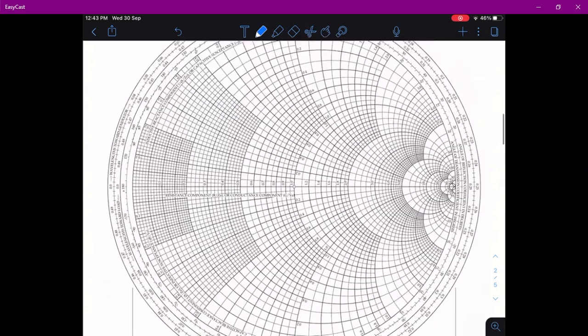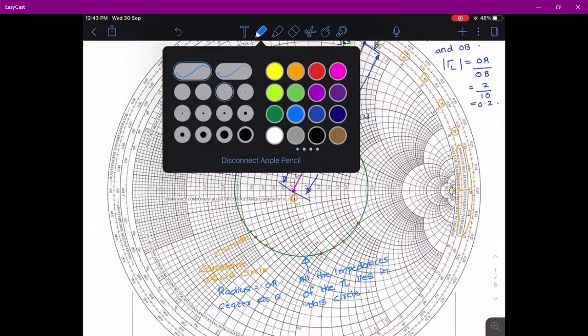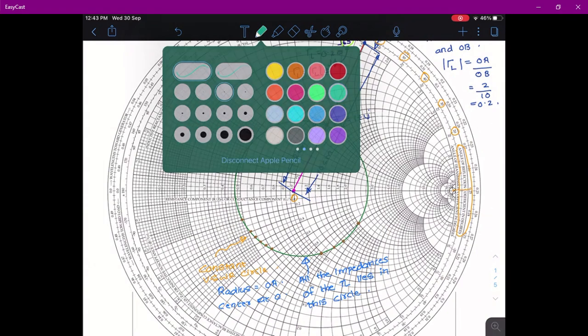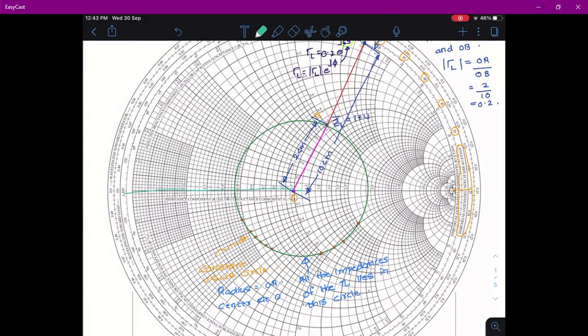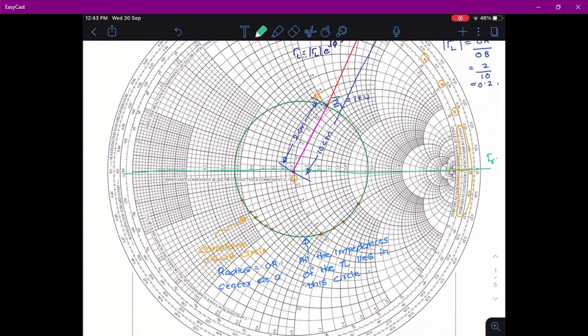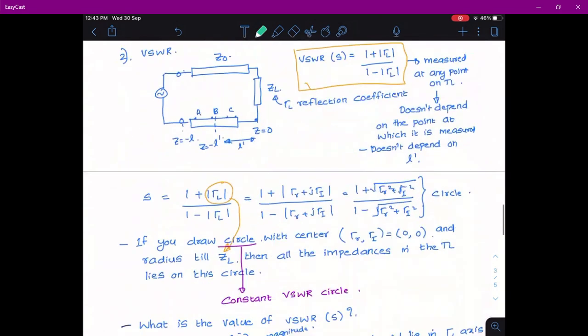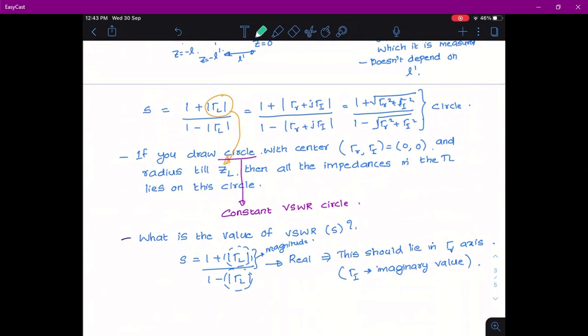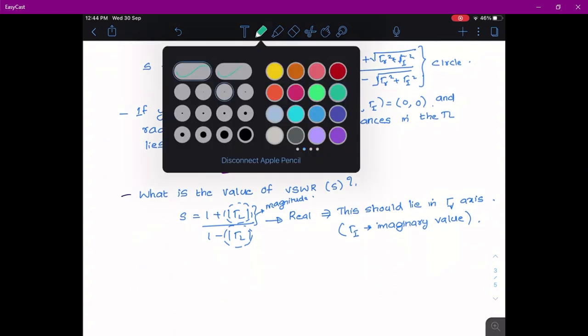So in your Smith chart, this is your tau r, and the vertical axis is tau I. So the VSWR should lie on this axis, because VSWR is real, and real values always lie on the tau r axis. If you have tau I also, it will become an imaginary value. Fine. Now what is the value?